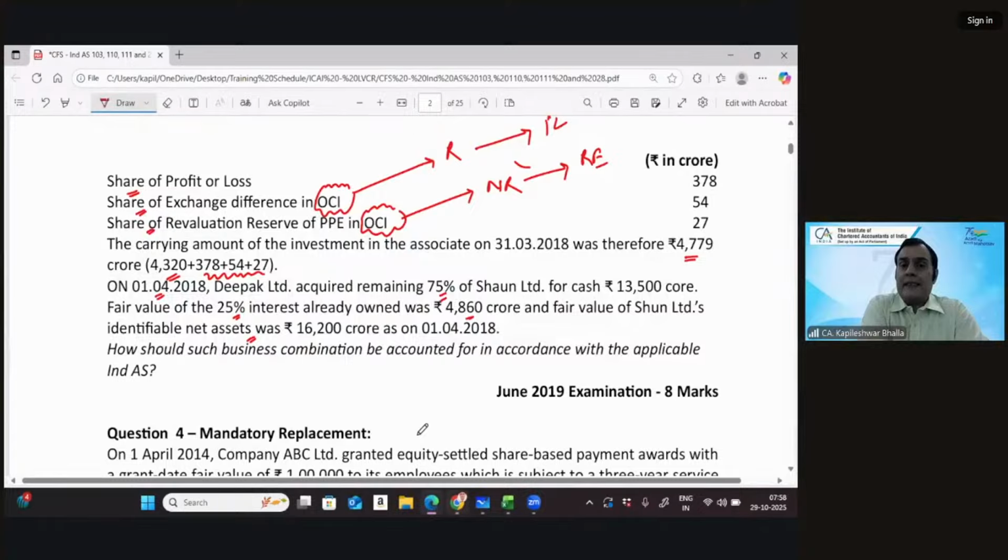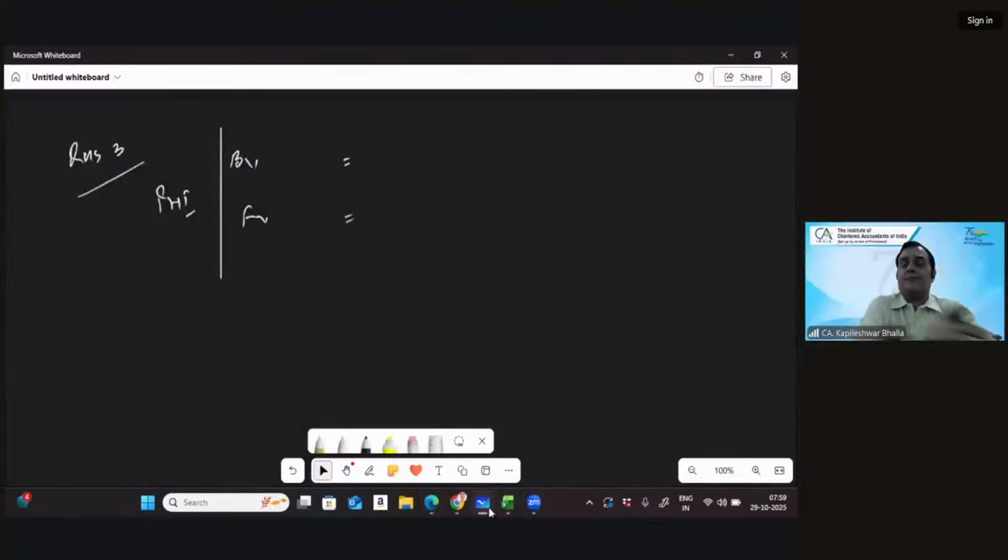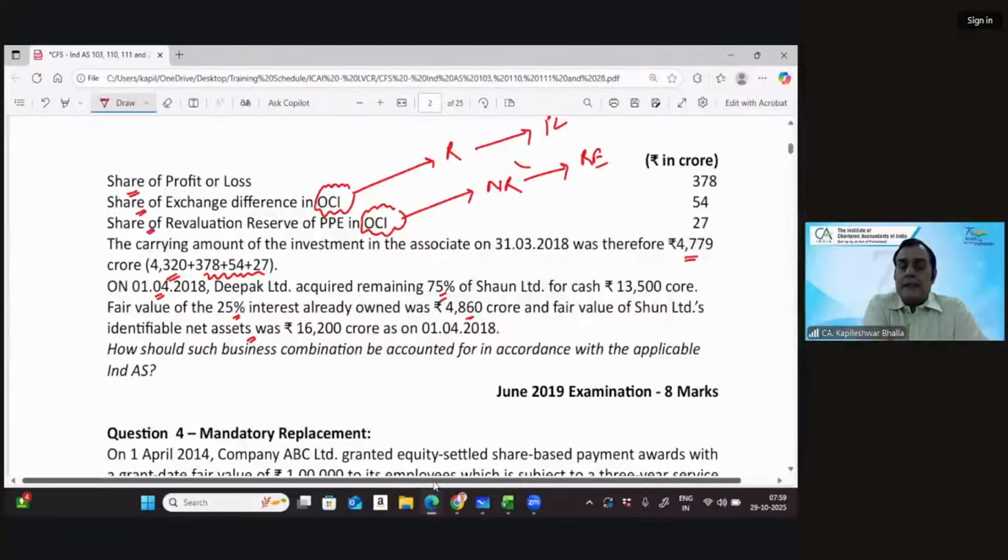So let's go back and we can clearly see the carrying amount of the investment is 4779. So the book value of the investment is 4779. And I'm also given very clearly, it says fair value of the 25% interest is 4860.